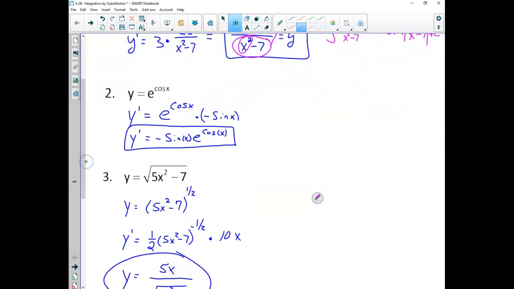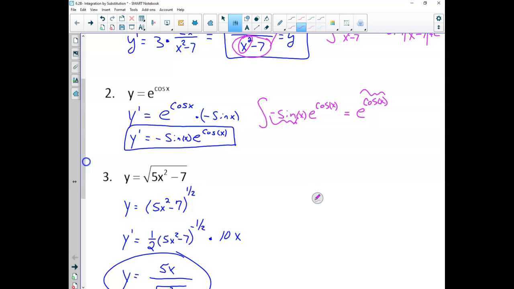Well, how about here? I need to know the antiderivative of negative sine x times e to the cosine x, and because we know the derivative of e to the something is e to the something, where did that negative sign come from? That came from the derivative of the cosine.